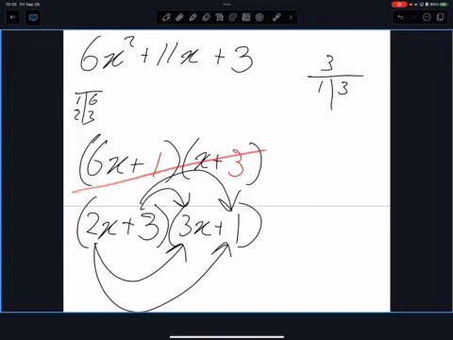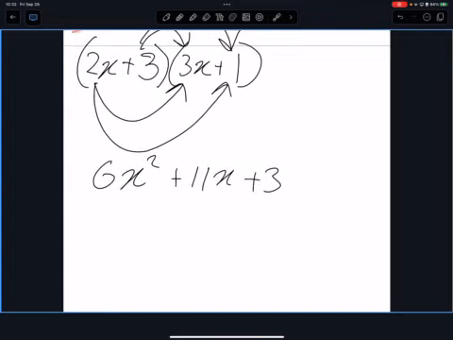And then we have another solution. Solution, possibility.